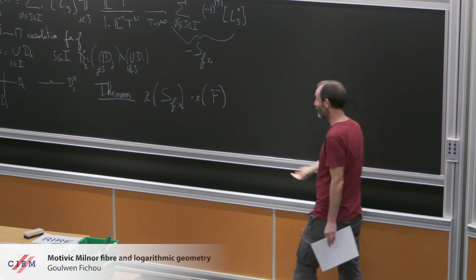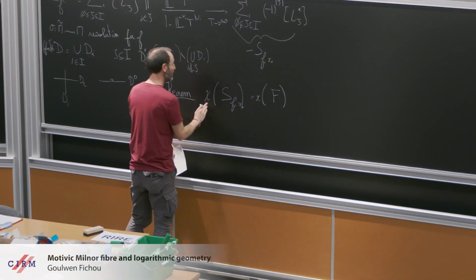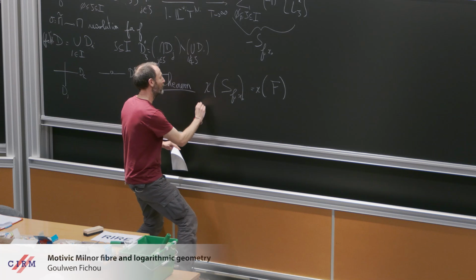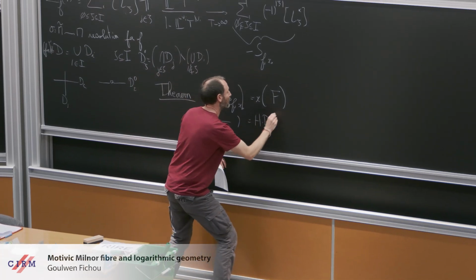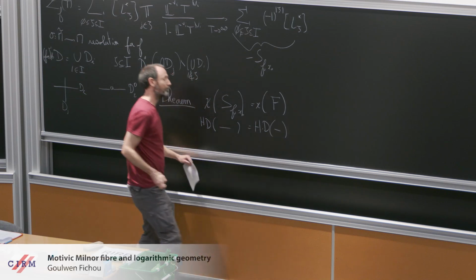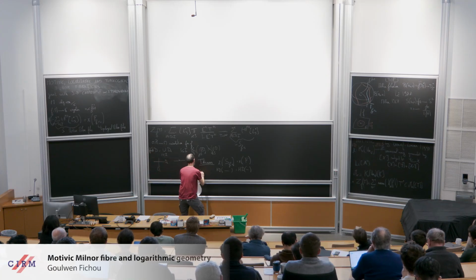And here you can put any additive or multiplicative invariant you know, so Euler characteristic, or Stirling polynomial, and whatever you want. So that's my Denef-Loeser theorem.